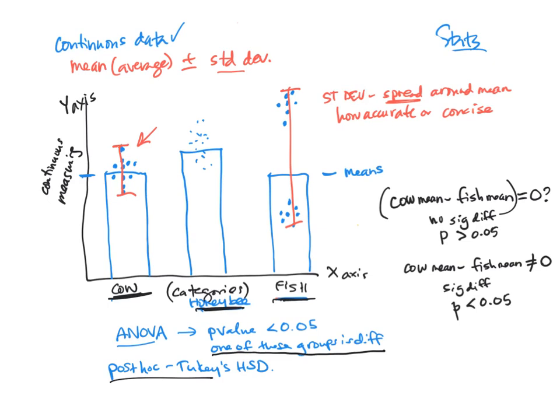So in summary, when you're doing your data analysis and your data reporting, you want to include the mean plus or minus the standard deviation of your data, as well as a statistical test to let your reader know how different the means and standard deviations of your different categories might be.